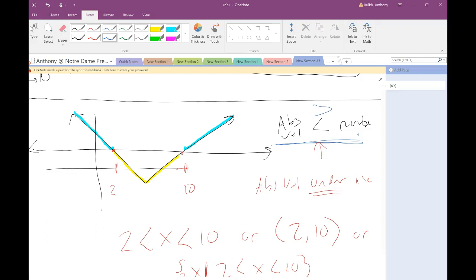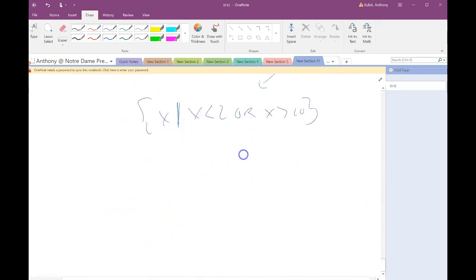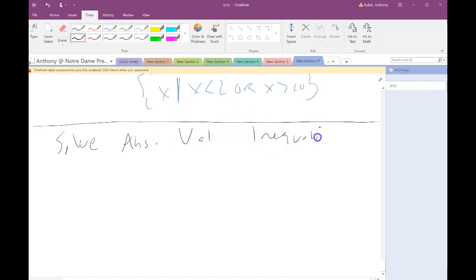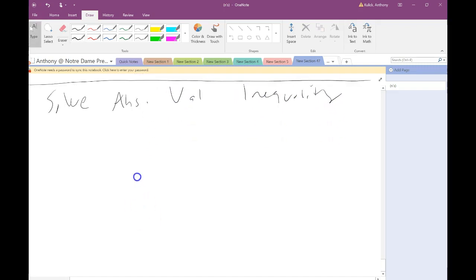Bryce: Could you explain how you know if an absolute value inequality is either all real numbers or no solution? Sure. So when we're solving an absolute value inequality, if we have absolute value less than a negative, does that ever happen?